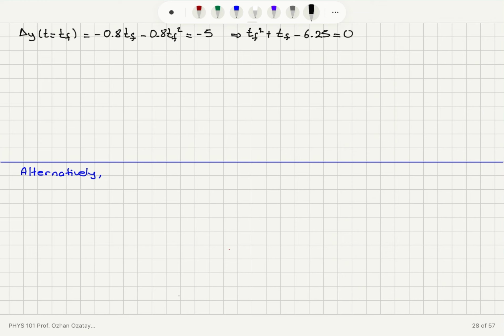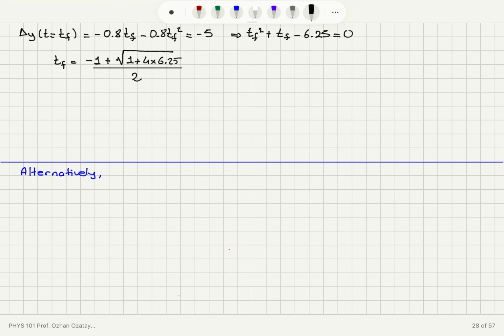So this gives me, for the fall time, tf, minus 1, because I have a quadratic equation, minus b plus or minus, we're not going to take the negative root, plus the square root of b squared minus 4ac, so it's 1 squared plus 4 times 6.25, divided by 2a, which is 2.